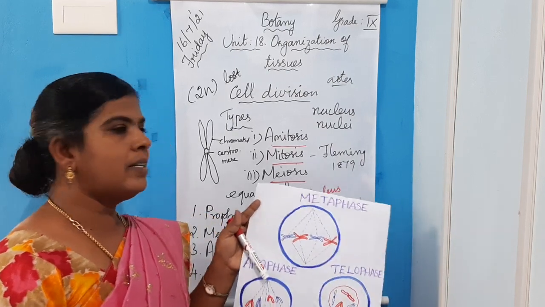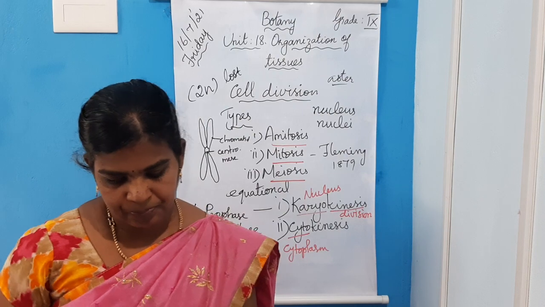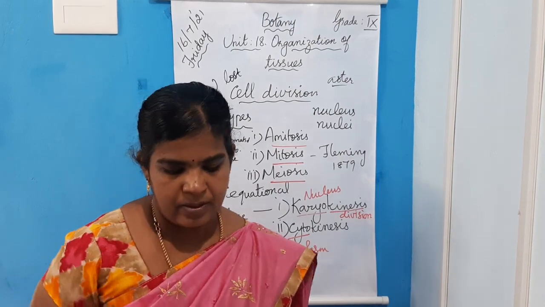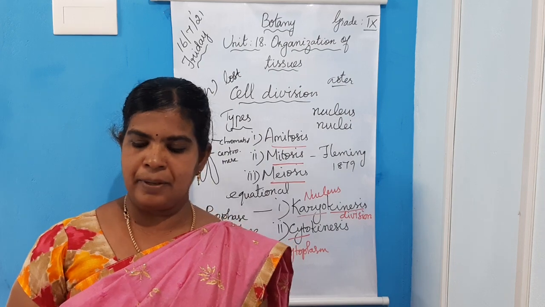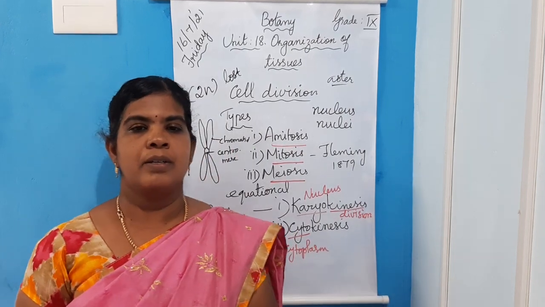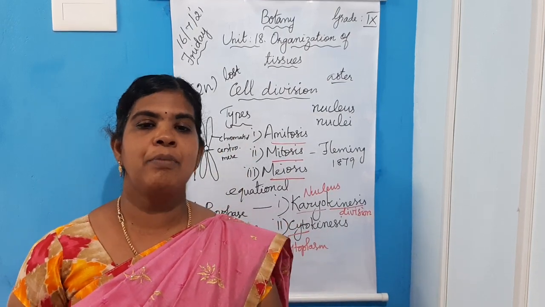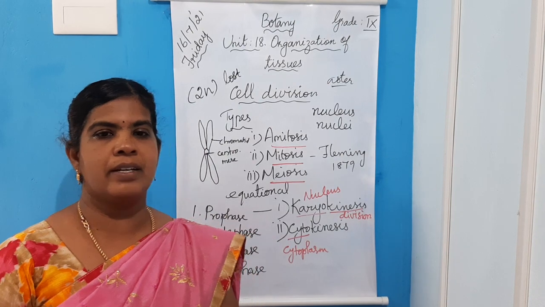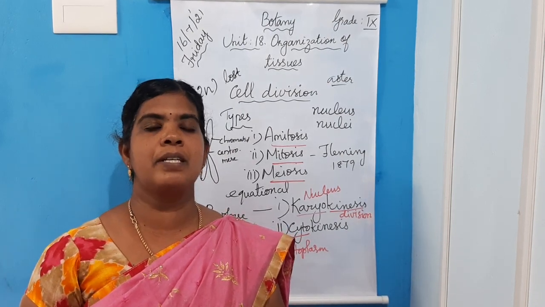Okay, children, now you all turn to page 219. Write down the question: name the types of cell division.